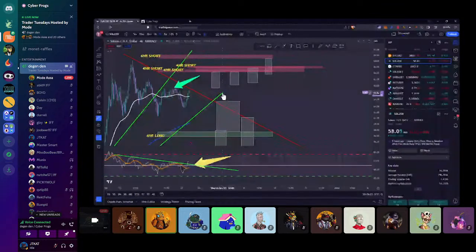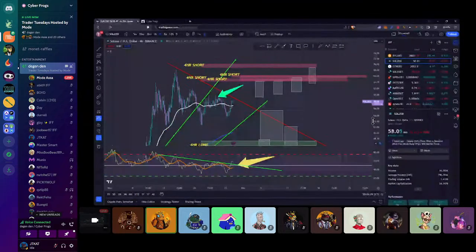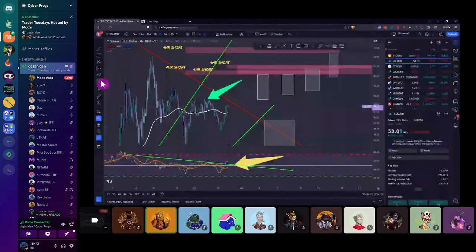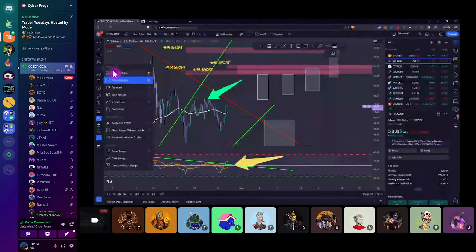But that looks pretty good right now. We are starting to see a red candle forming there. So that is good to see for essentially the call we are making.